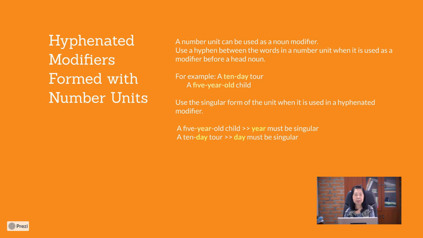So you see here, there is a hyphen between 10 and day, and a hyphen between 5 and year and old. And you have to use the singular form of the unit when it is used in a hyphenated modifier. Day is used in singular form. Year is also used in singular form. A 5-year-old child, a 10-day tour.